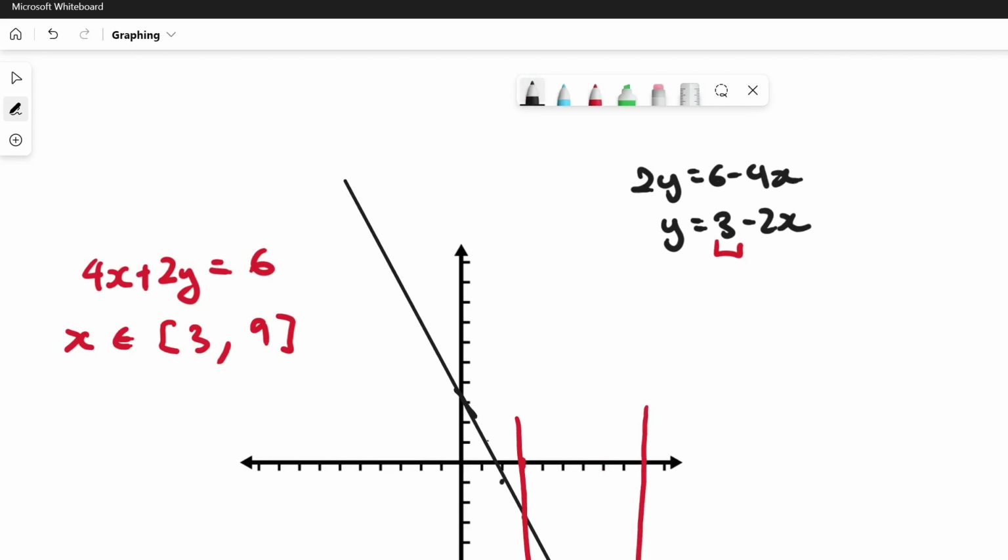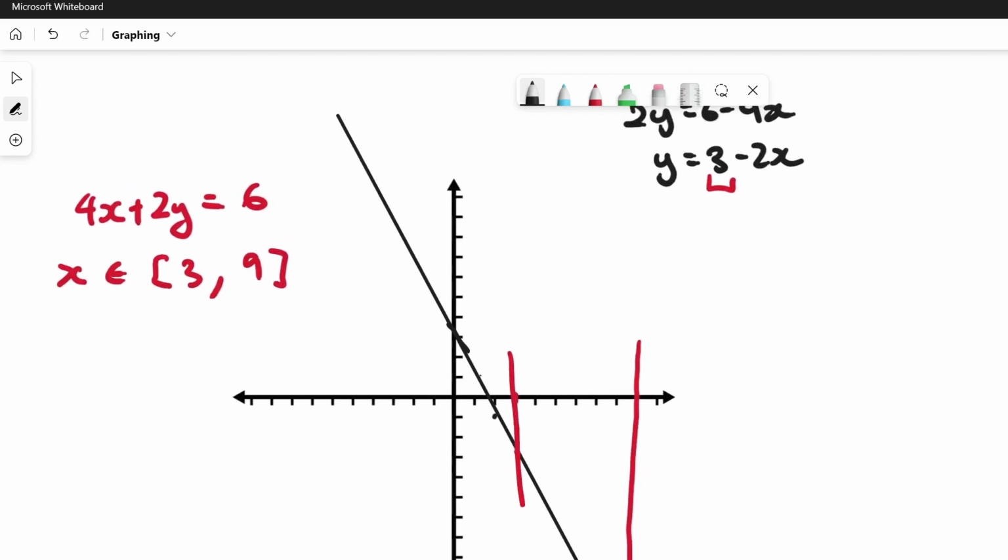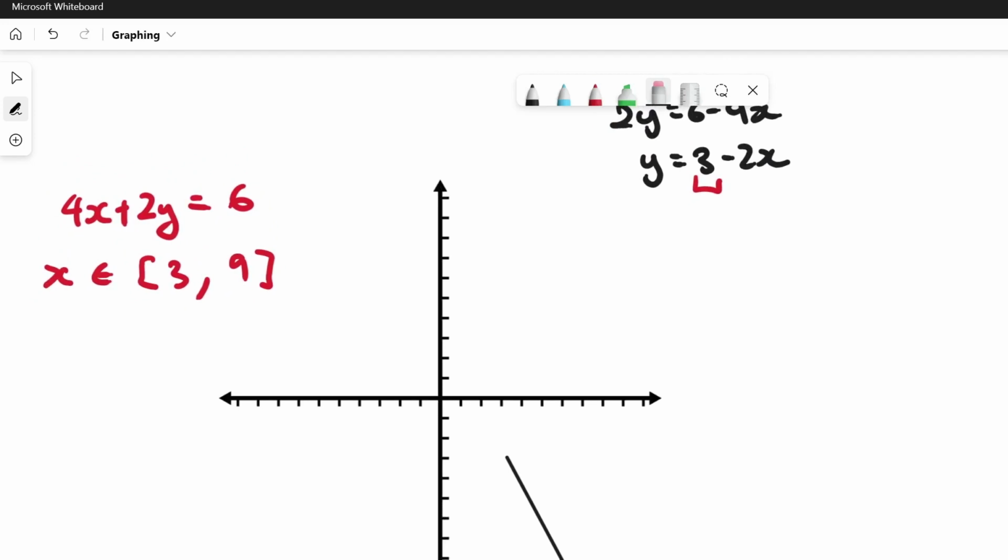So I just could extend this graph a little bit. And we have to make sure that the graph is inside that. So everything out of it, we erase. Yep, something like that.